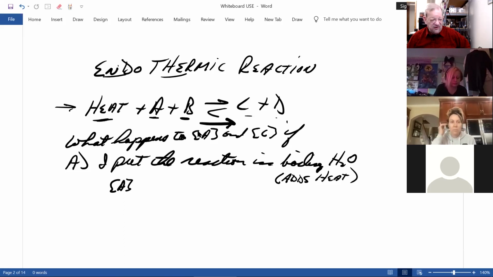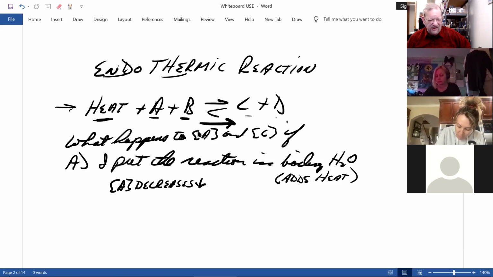You have less. So the amount of A decreases. It goes down. Now, remember to get rid of the excess heat, because we put it in boiling water, heat plus A and B react to make more C and D.